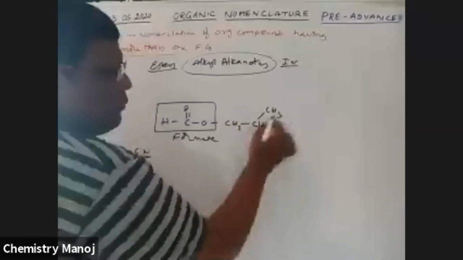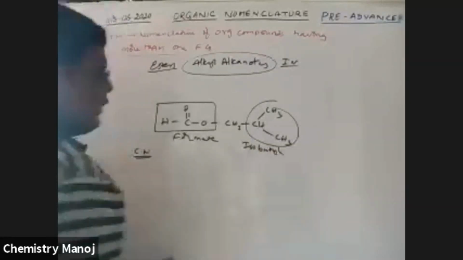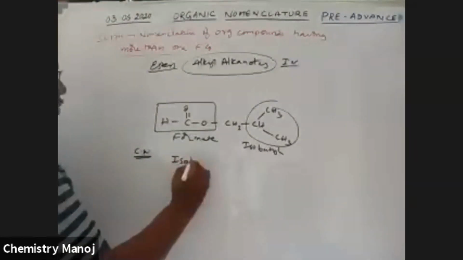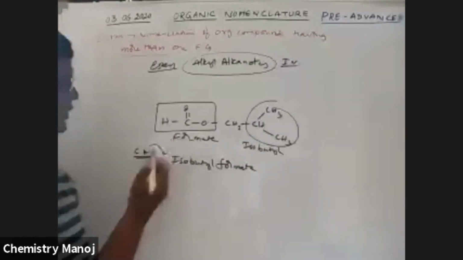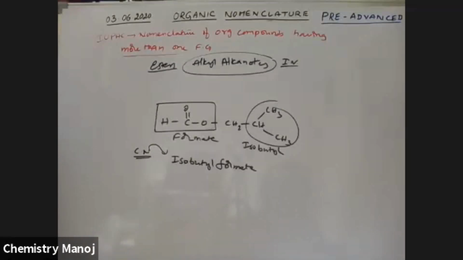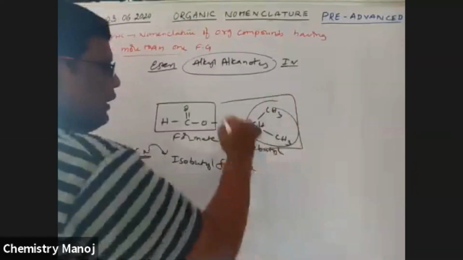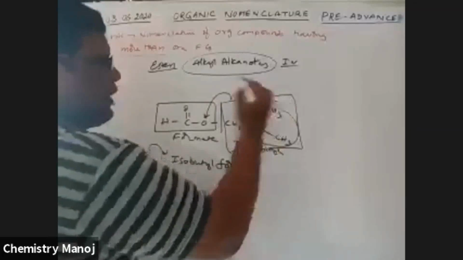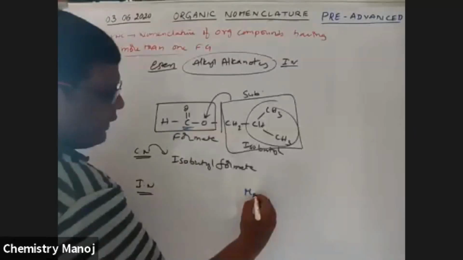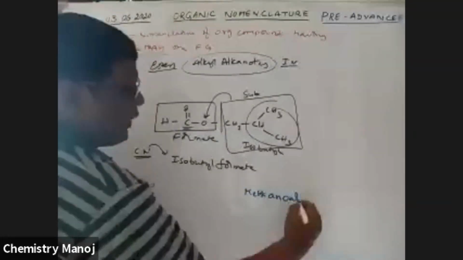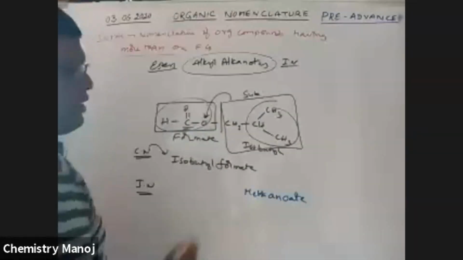It is 1, 2, 3, 4 carbons, but an iso group is there, an isobutyl group. Therefore it is isobutyl formate, the common name. But for the IUPAC name, the entire group attached to oxygen is a substituent. The acid part has only one carbon, so methanoate.